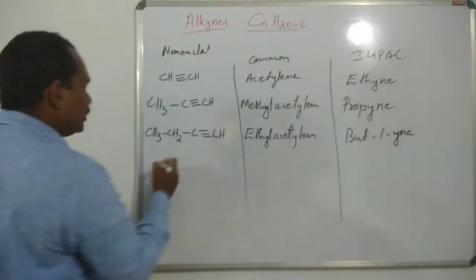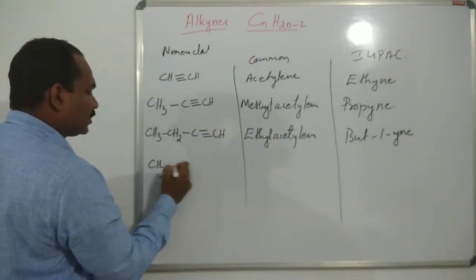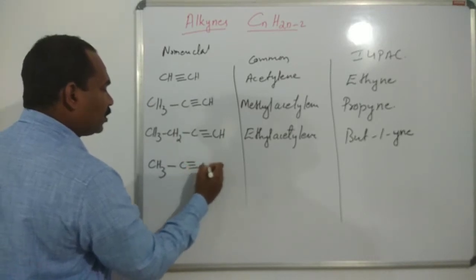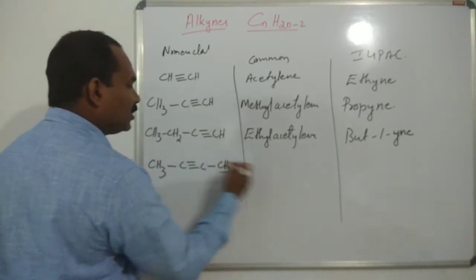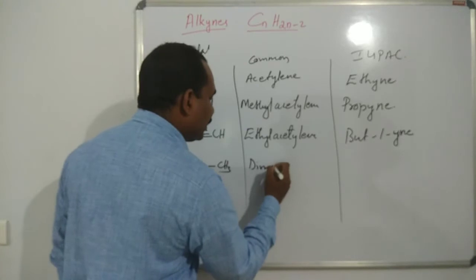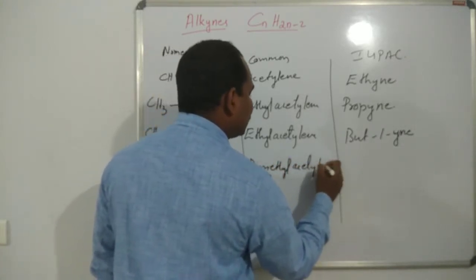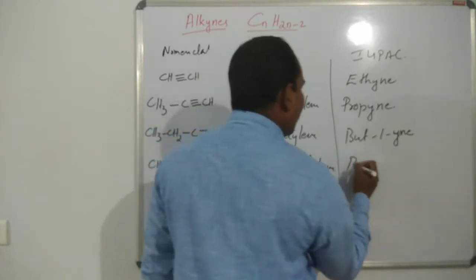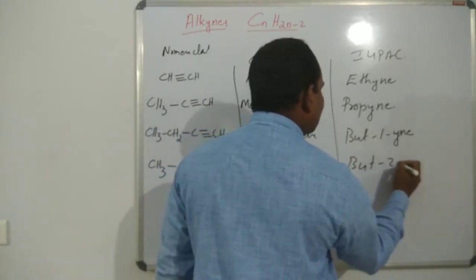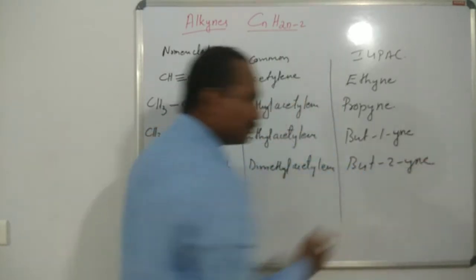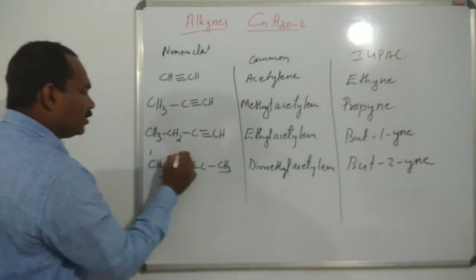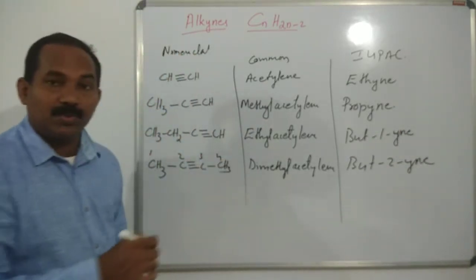Because it has an isomer, CH3, C triple bond C, CH3, it is dimethyl acetylene. What is its IUPAC name? But-2-yne. Okay, 1, 2, 3, 4, but-2-yne.